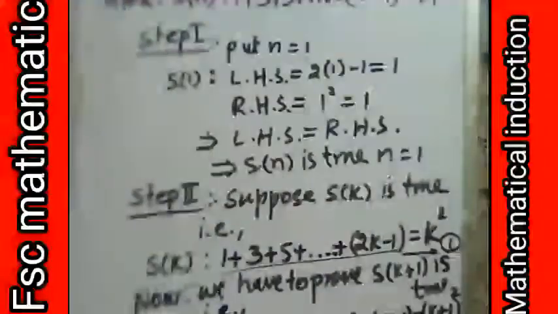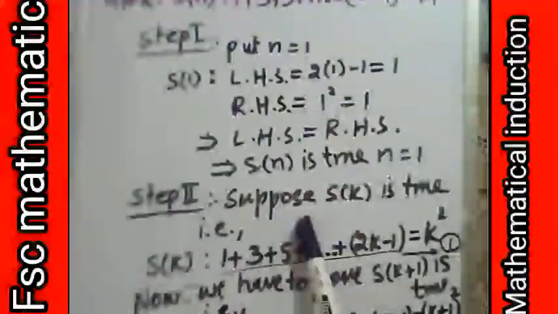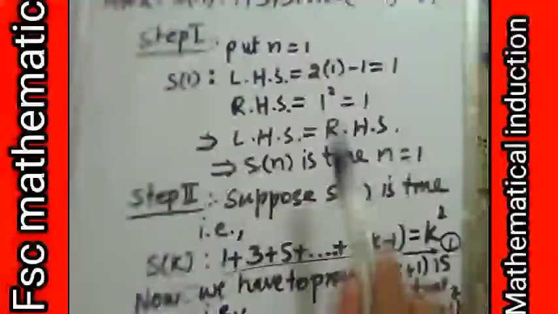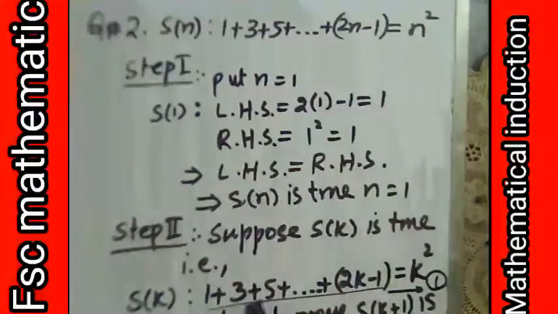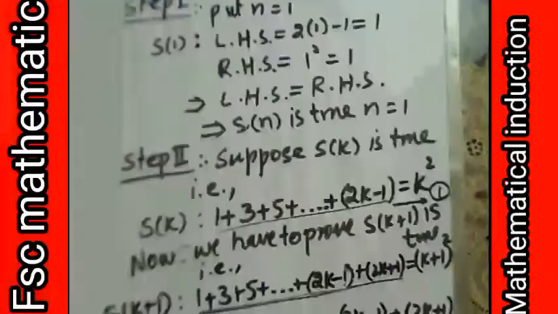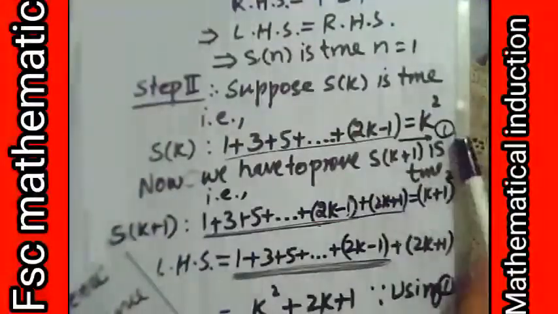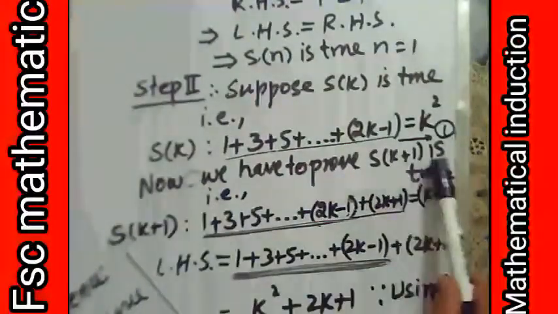Then we moved to step 2. In step 2 we supposed S of k. We transformed this given S of n into S of k, and it is supposed true. We name it 1. Then we say that we have to prove S of k plus 1 is true.